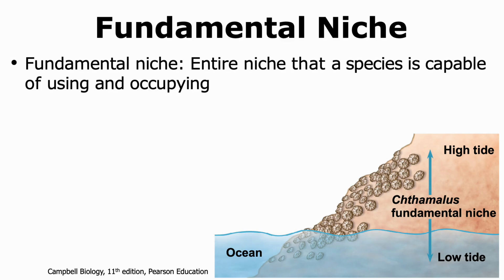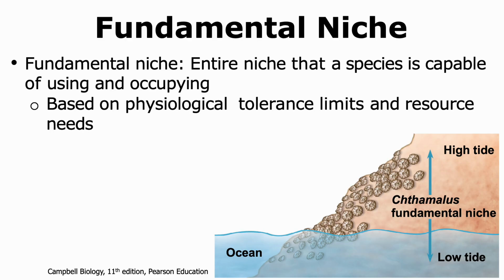There are different types of niches. The fundamental niche is the entire environment that a species is capable of using and occupying. The fundamental niche of an organism depends on the resources available as well as the physiological tolerance limits of the organism. In this example, we are looking at the fundamental niche of Thamylus, which is a type of barnacle.